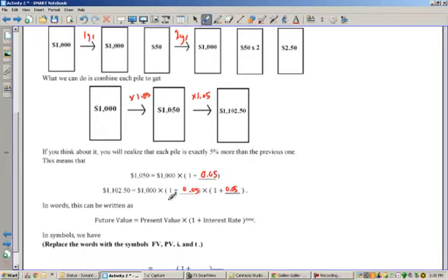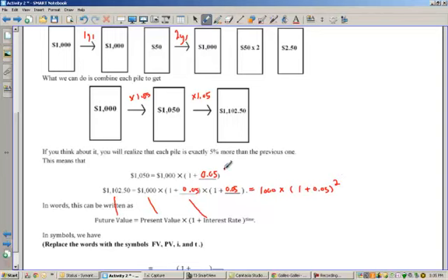And we can use this to find a formula. So if you look at this, right, this is my future value, this is my present value, and then this is my 1 plus the interest rate, 1 plus I, raised to the time, right? So this was a 1,000, and you can rewrite this as 1,000 times 1 plus 0.05 squared.